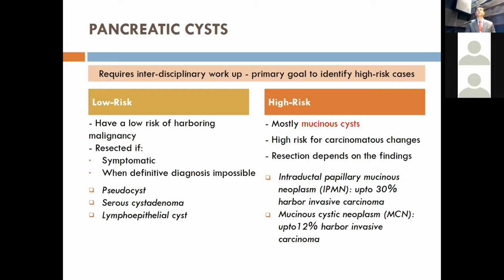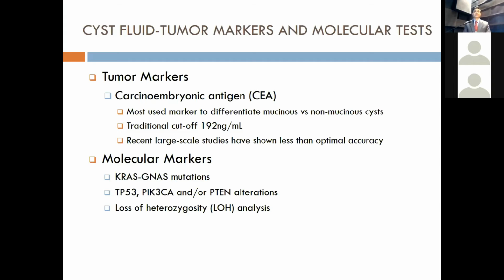High-risk cysts, which mostly include mucinous cysts, have a high risk of harboring invasive carcinomas and are, in most cases, resected. Carcinoembryonic antigen is the most widely used cyst fluid tumor marker for risk stratification of pancreatic cysts.